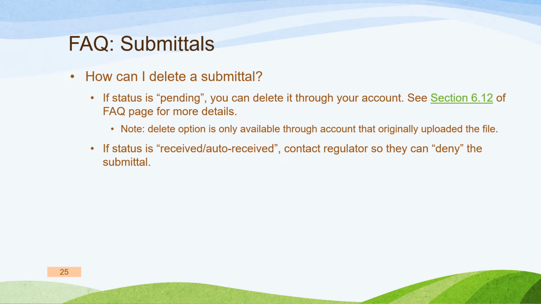Also note that the delete option is only available through the account that originally uploaded the file. So if you're using another account that has access to this facility record, you won't be able to delete that file through that other account. Feel free to see section 6.2 of our FAQ page for more details about this process.